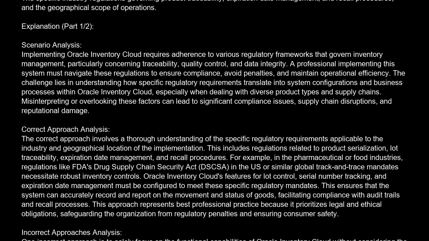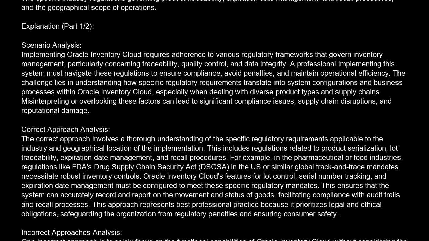Explanation. Scenario analysis. Implementing Oracle Inventory Cloud requires adherence to various regulatory frameworks that govern inventory management, particularly concerning traceability, quality control, and data integrity. A professional implementing this system must navigate these regulations to ensure compliance, avoid penalties, and maintain operational efficiency.